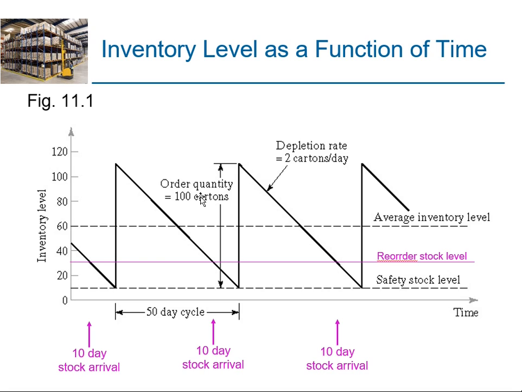So we can see here the number of stocks is 100 cartons, where we will use 2 cartons a day. This will be the depletion rate for the stock. And so we will have a 50-day cycle for 100 cartons to be completely used.